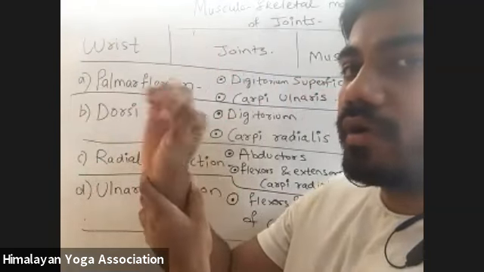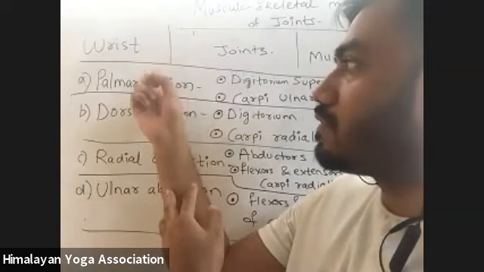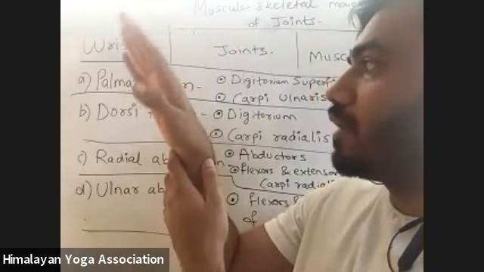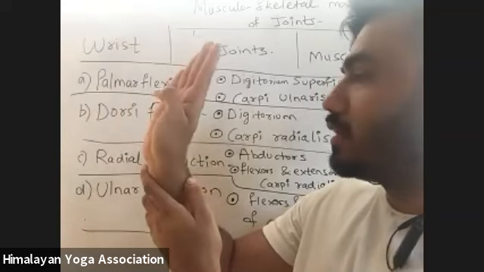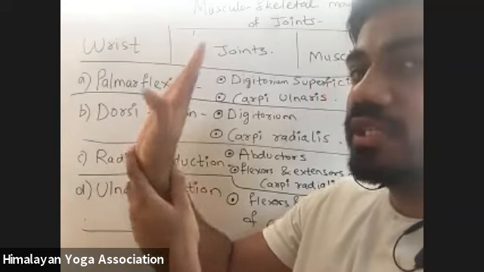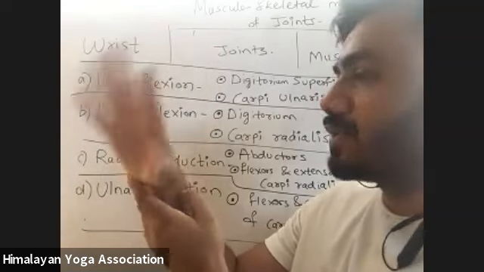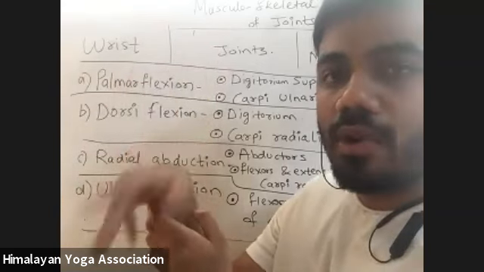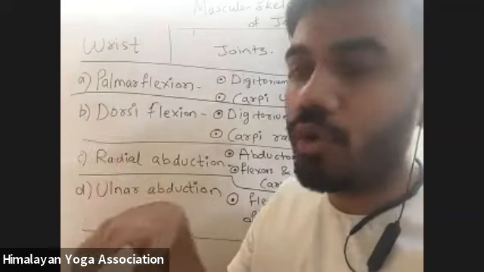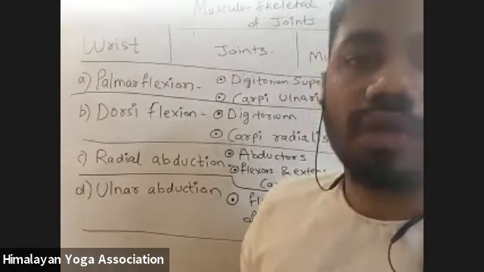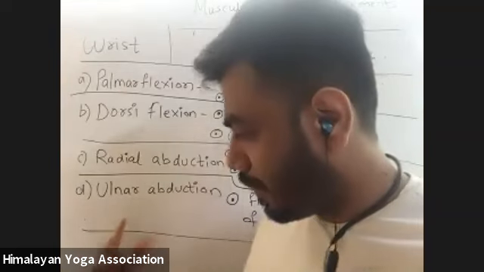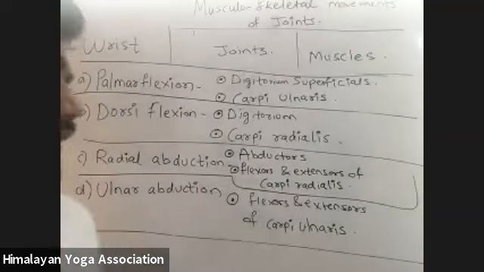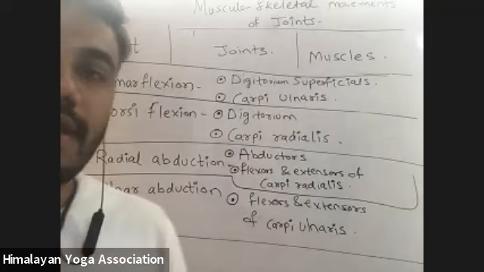So this is our rotation of the wrist in these 4 movements. In this way, we can rotate our wrist clockwise and anti-clockwise. I have not written the term rotation here. So these 4 movements only we can see.